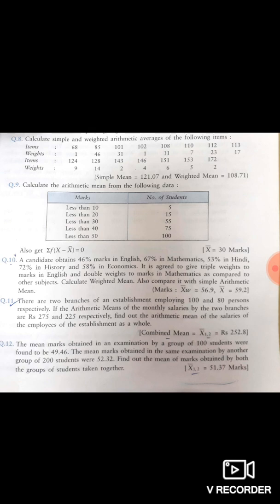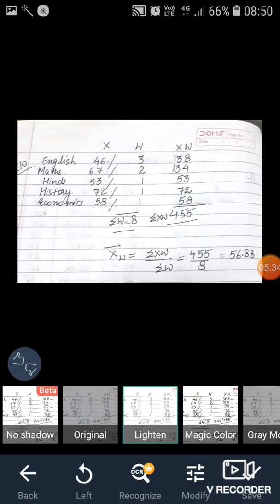Now what do we have to calculate here? We have to calculate the weighted mean and compare it with the simple arithmetic mean. So let's see the solution here. Percentages were given, I created column X. Weight: triple weightage to English, weightage 3, weightage 2 to maths, and weightage 1 to the other subjects, which means no extra weightage is given to them.